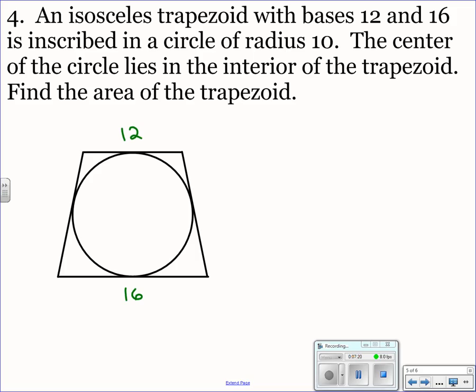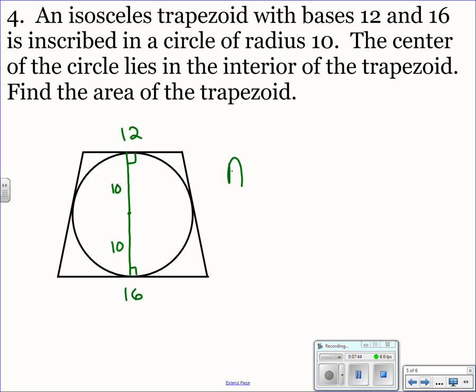So I know I have bases of 12 and 16, and I know the radius. Coming up here, since that's a point of tangency, perpendicular is 10. Now you can draw the radius anywhere you want, but if you draw it up perpendicular and then down perpendicular, I found the height.